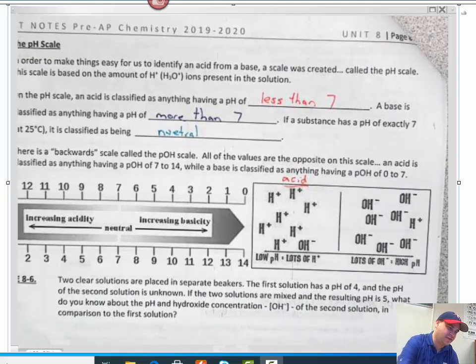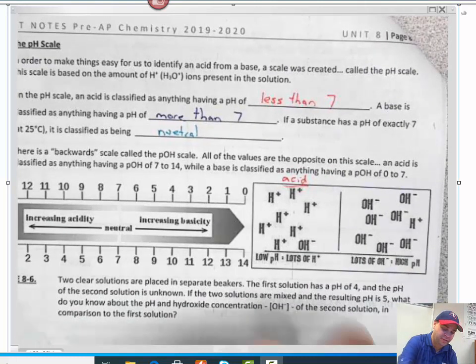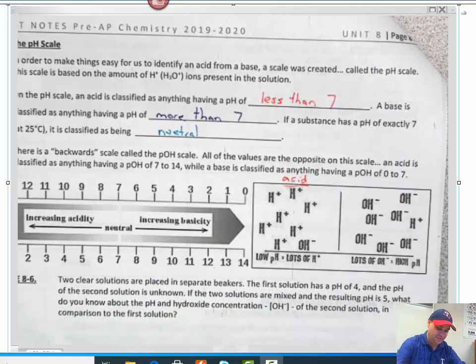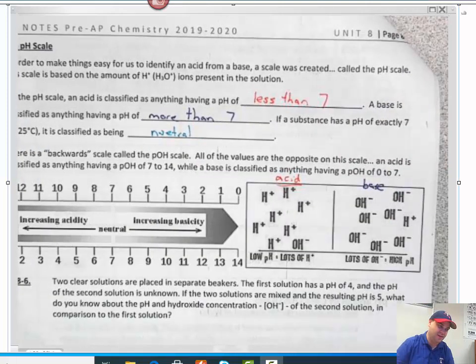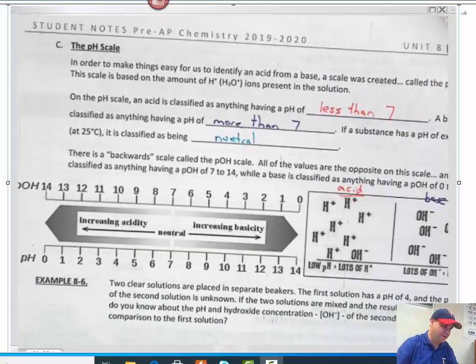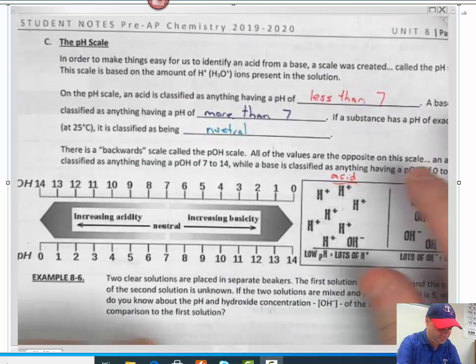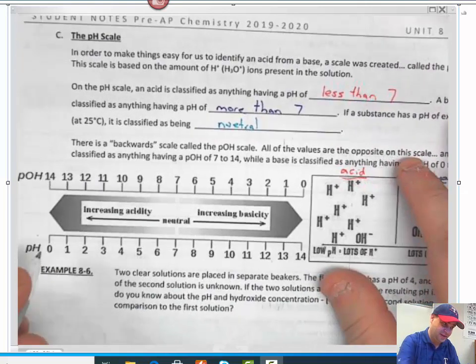Because remember, all acids are dissolved in water, so that's why there is a small amount of OH in there. Notice that this one has lots of OHs in here, so this is a base. It has more OHs than H plus. Now, over here on the pH scale and the pOH scale, here's the first thing I need to do.